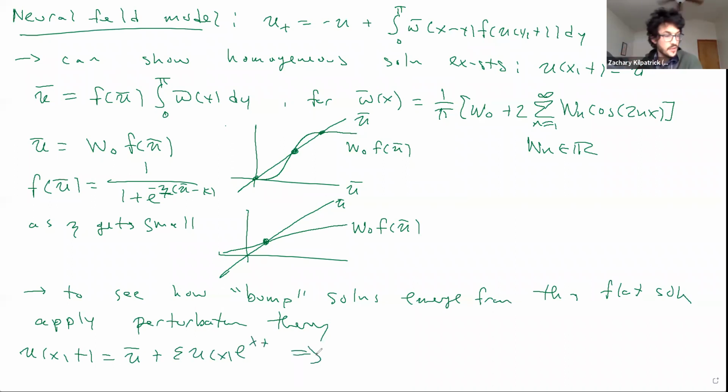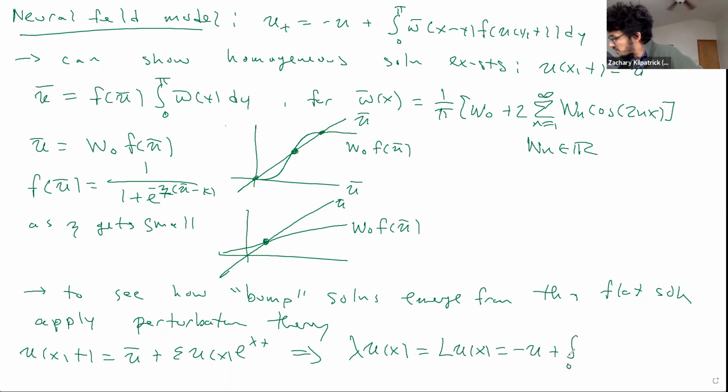And after a bit of work, we found that we have an eigenvalue problem. Lambda u of x is equal to L u of x, where L of u is equal to minus u plus the integral from 0 to pi of w of x minus y, f prime of u bar, and then u of y dy.